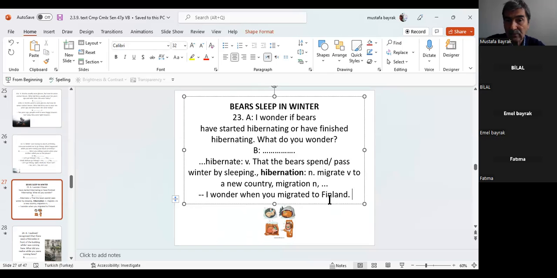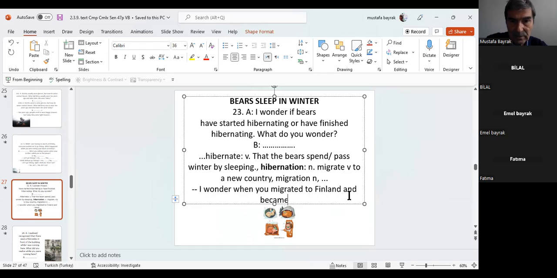I wonder when you immigrated to Finland and when you migrated and when you became an immigrant. Immigrant offices, I think. There are immigrant offices.